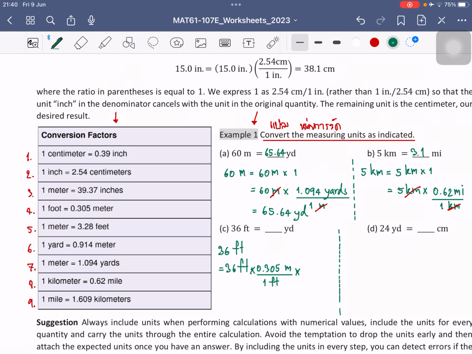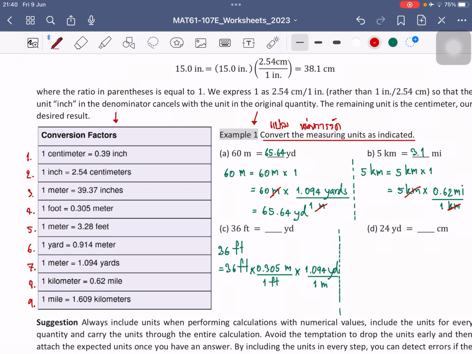So I want to change 1 meter, and that means I will use line 7, right? I know that 1.094 yard divided by 1 meter.